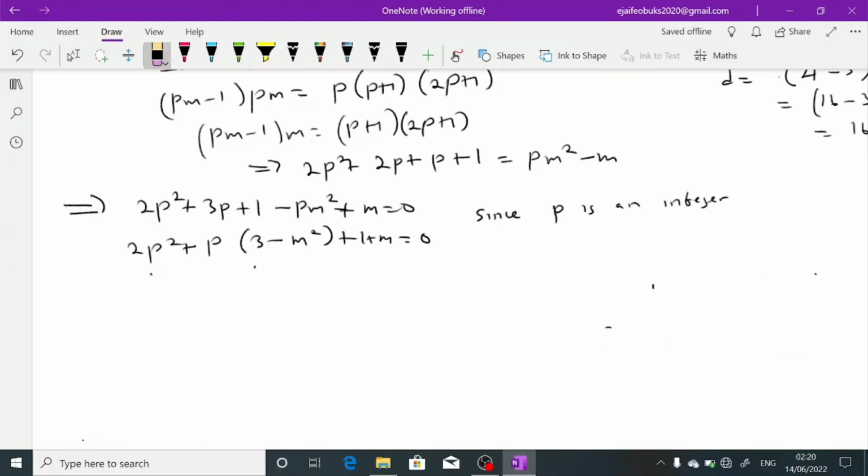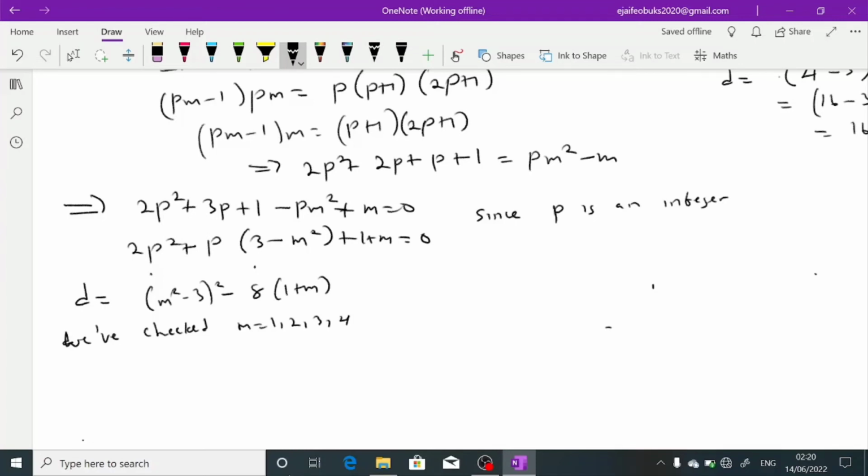So let's write it out again. We have done for d, the discriminant was m squared, and we've checked m equals 1, 2, 3, 4.